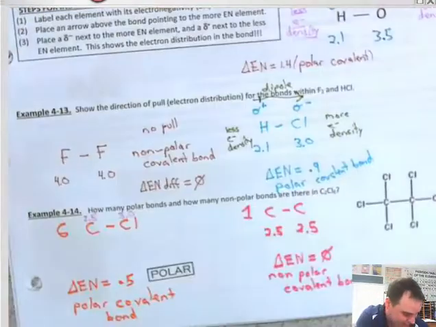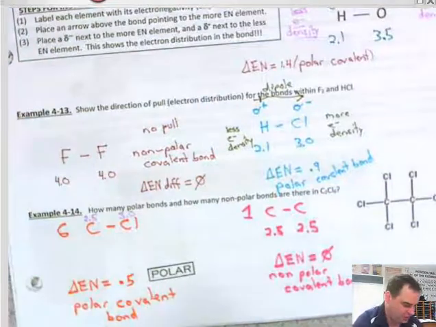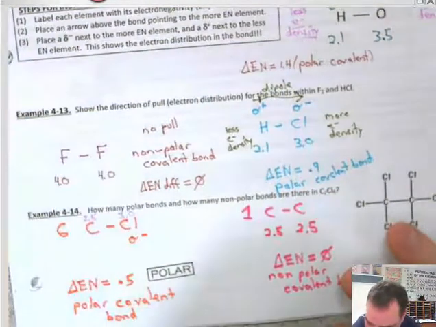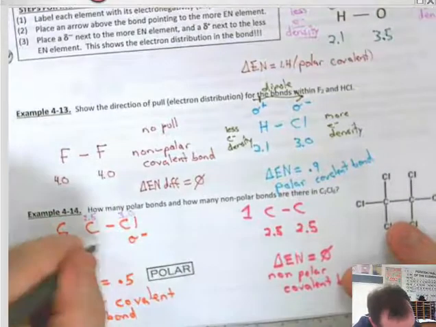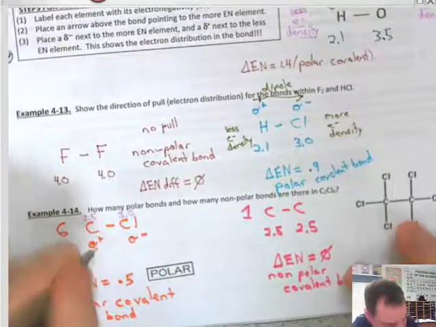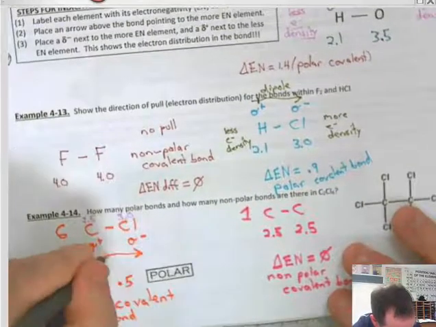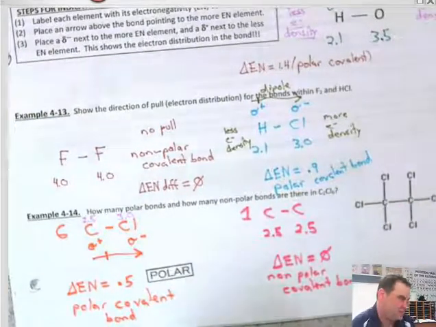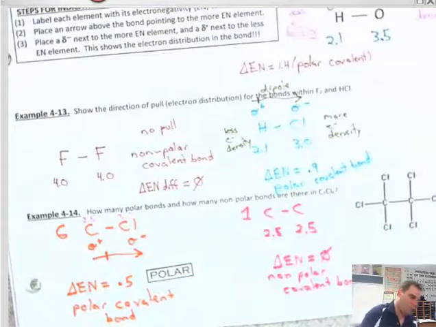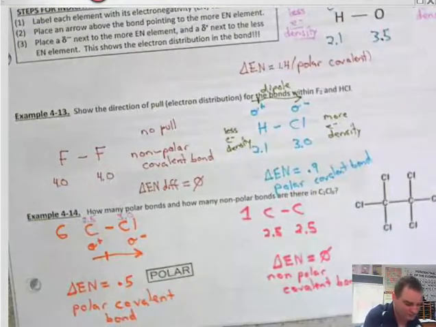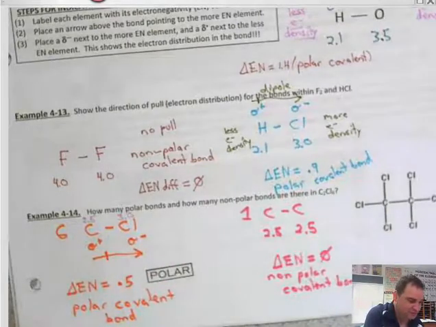Definitely polar. Which means our chlorine would be partial negative, because it has the higher electronegativity, and the carbon would be partial positive. We would draw our dipole arrow towards the chlorine, meaning the chlorine has more electron density than the carbon.